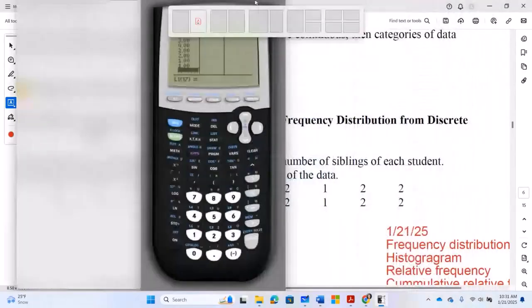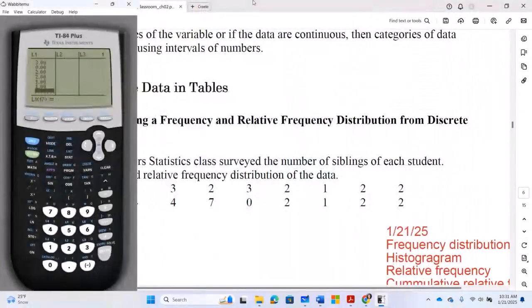Let me go to the last number. The next one is 2, 2, 2, 2.